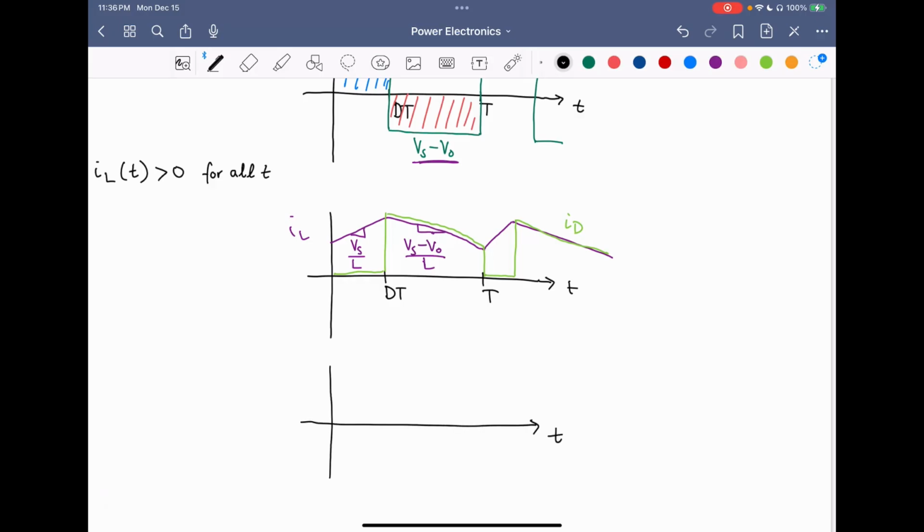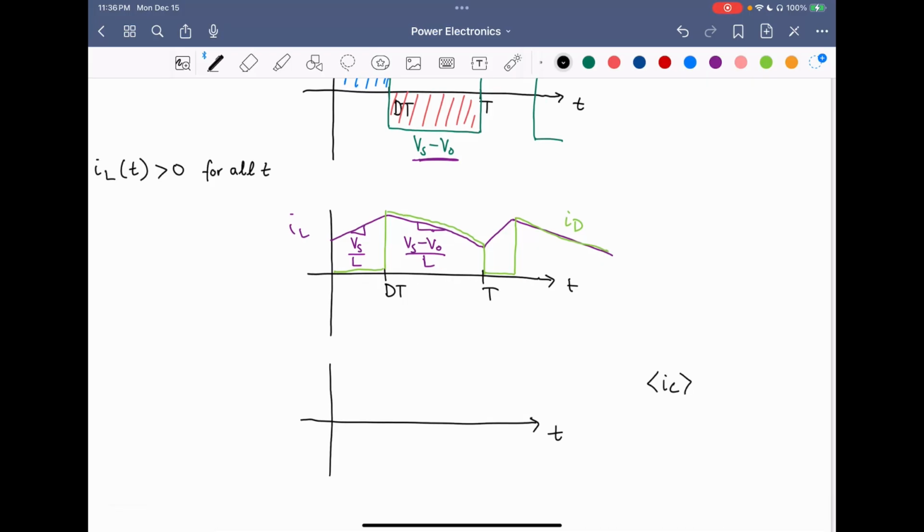And note, from our capacitor charge balance equation, remember that we had the average capacitor current over a period is equal to 0.